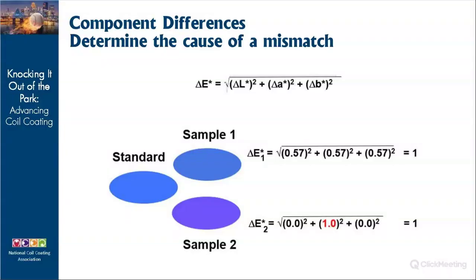So hopefully everybody would agree that comparing sample 1 to the standard and sample 2 to the standard, that sample 1 is a closer match. It's closer because all of my color differences are equally spread out across the 3 different attributes of L, A, and B. On sample 2, all of my color differences are in my A value.